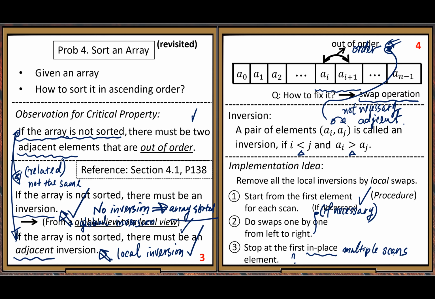You have some out of order elements after one scan, but with one scan you can guarantee the last element is in place. When you swap two adjacent elements, eventually you put the max in place.